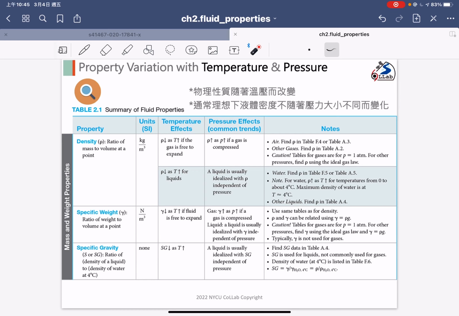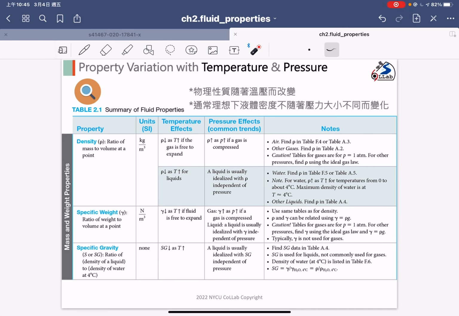The table just tells you the temperature and the pressure effects on your properties. As you see, for the density, when temperature increases, the density will decrease. It's very easy to figure out, right? Because when the temperature increases, the volume of the material increases also. And then the density will decrease.